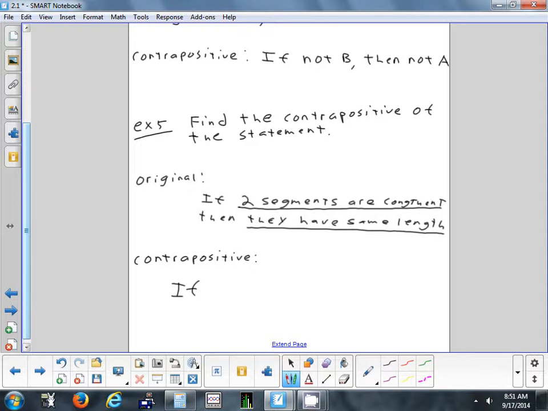Okay? And when we find the inverse, we say not. So we're going to take the end of the sentence, put it at the beginning, and say not. Reading: if two segments are congruent, then they have the same length. So what would be the first part of my contrapositive?